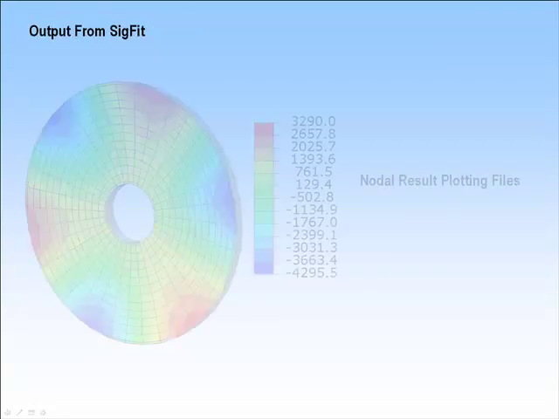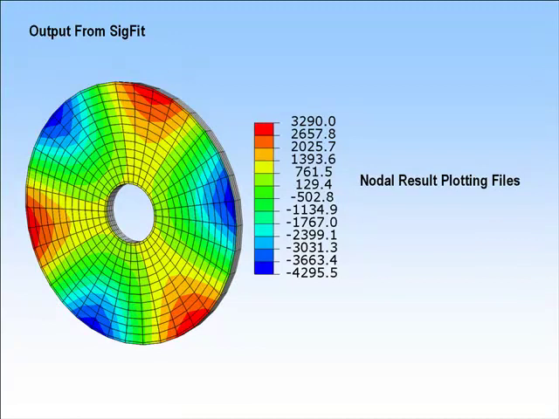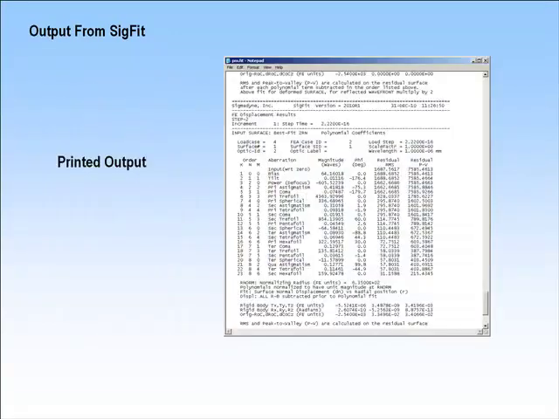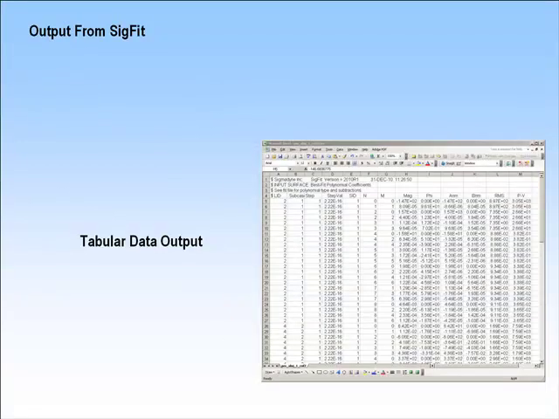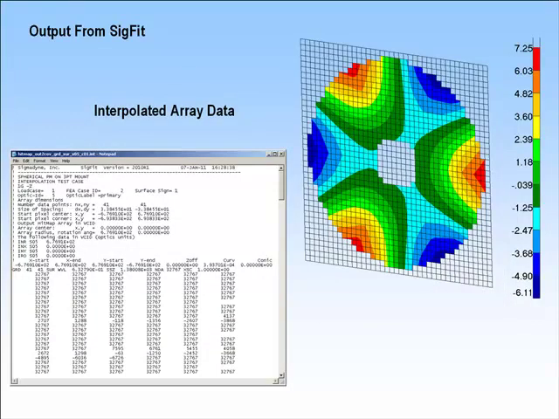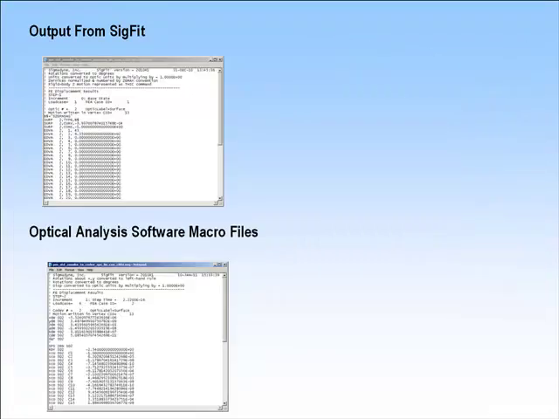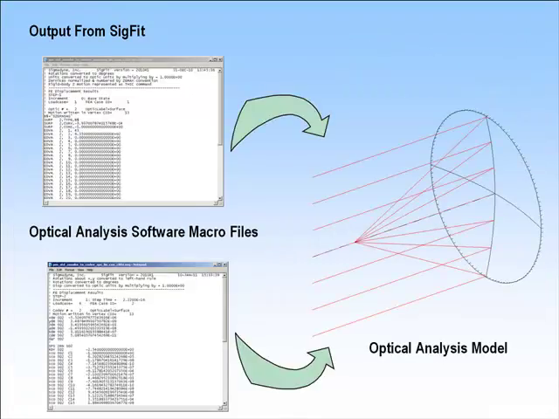Output from SigFit includes nodal output files for plotting SigFit results, printed output for viewing detailed numerical summaries and messages, tabular data output for making charts and plots, interpolated array data to compare with test data, and optical analysis files for import into popular optical analysis software.